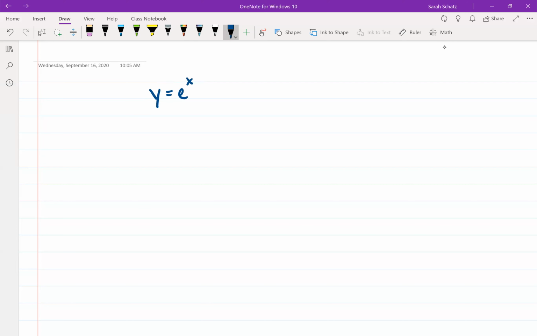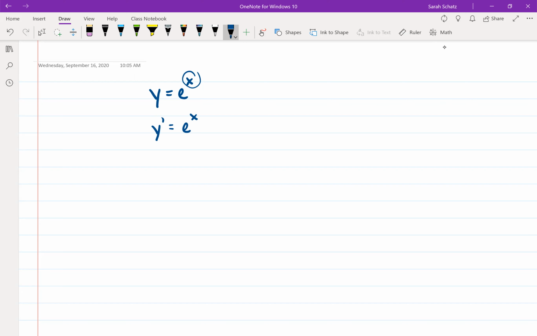So if you have the exponential function e to the x, and it's just an x up here, and this is all there is to it, remember, when you take the derivative of this function, it ends up just being itself. So we write the e to the x down exactly the same way, and this is the derivative of e to the x.